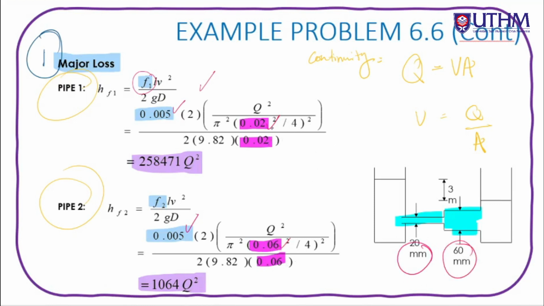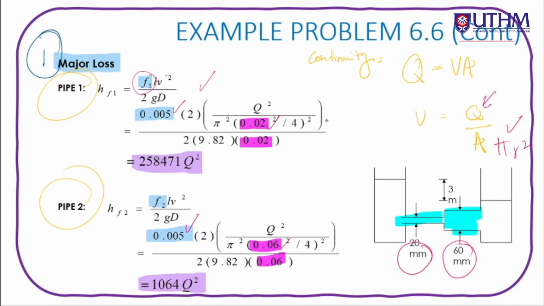So sebelum tu, ini adalah supposedly L time V kan. Tapi daripada continuity kita boleh tahu V equals to Q over A. Okay, sebab kita nak cari Q. So everything must be Q in the equations. A ni kita gantilah. A ni pi R square kan.